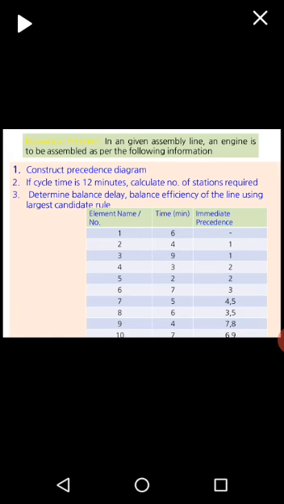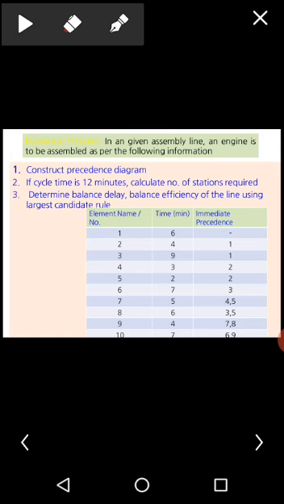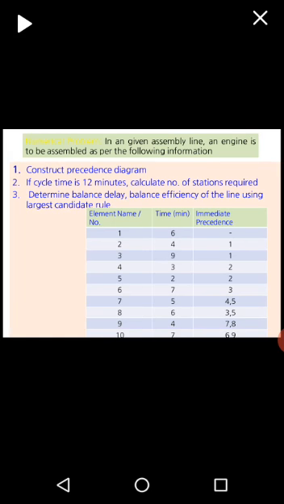Third, determine the balance delay and balance efficiency of the line using the largest candidate rule. These are the things we need to identify in the problem. First we need to construct the precedence diagram. We need to maintain the cycle time, that is 12 minutes. It should be 12 minutes or less than that. It should not exceed 12 minutes.